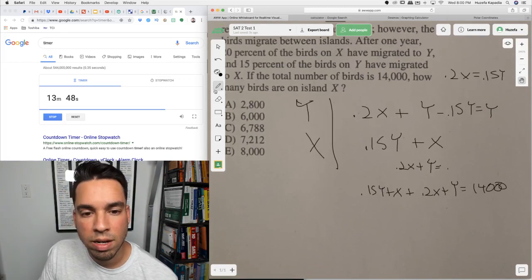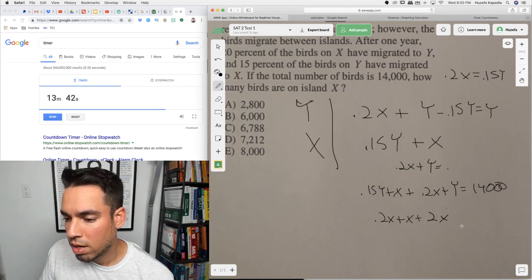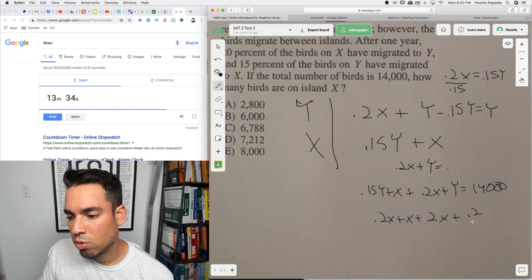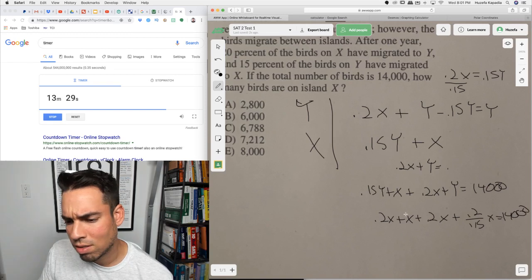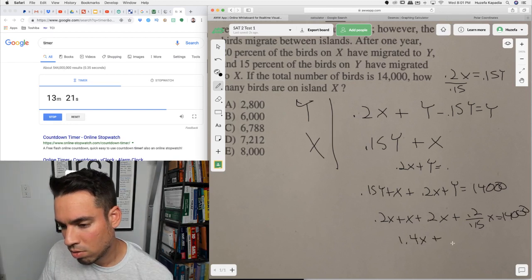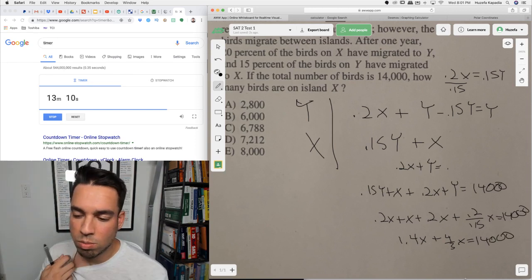And then we're going to substitute in, let's solve for x. 0.15y equals 0.2x, so y is 0.2 over 0.15 x. I think this is going to work. So then we say 1.4x plus 20 over 15, which is 4/3 x, is 14,000.